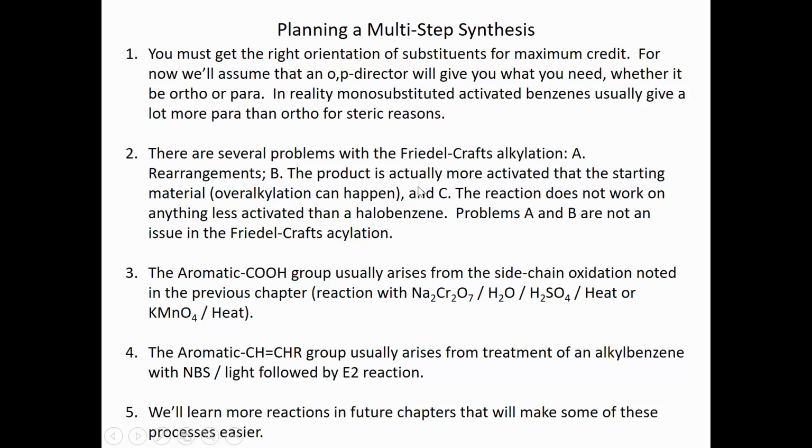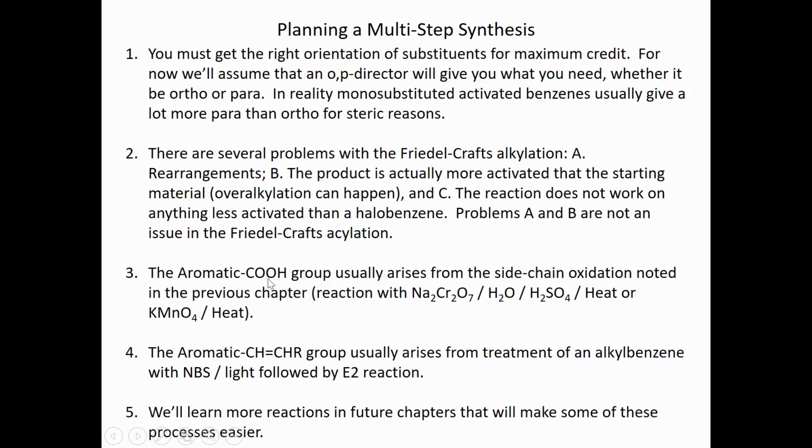You can nitrate deactivated rings, you can sulfonate deactivated rings, and you can halogenate deactivated rings just fine. Whenever we see an aromatic ring with a COOH group, the way we're usually going to make that is to perform a side chain oxidation of an alkyl benzene like we saw in the previous chapter.